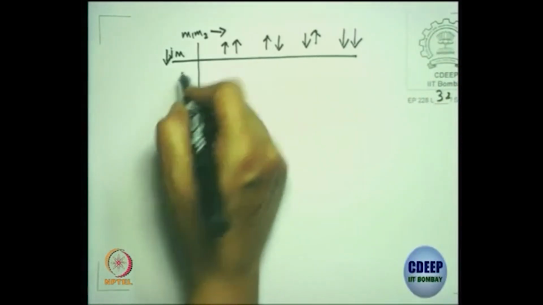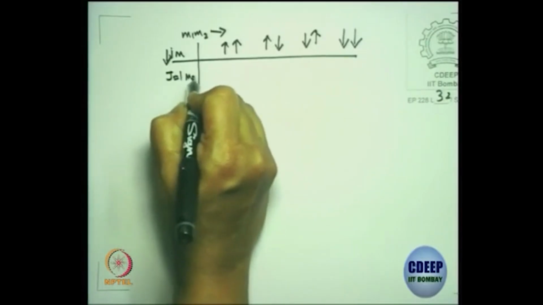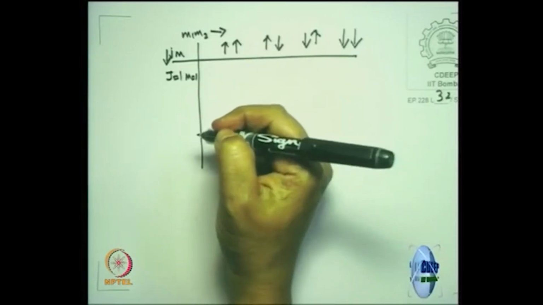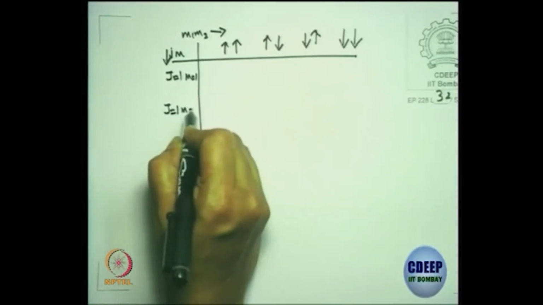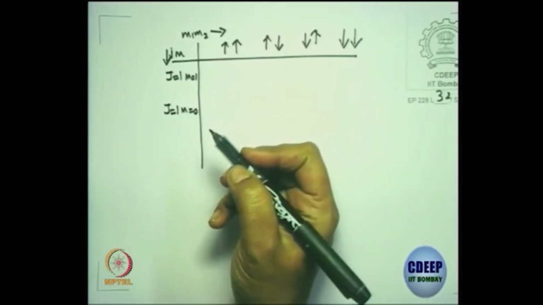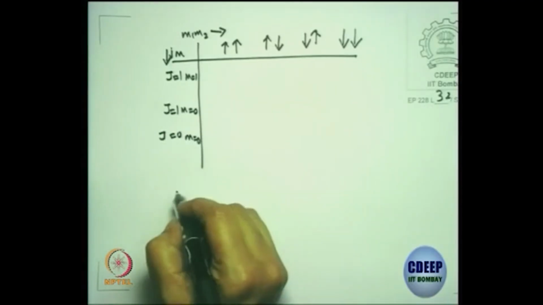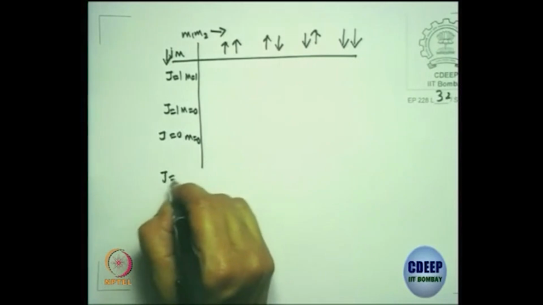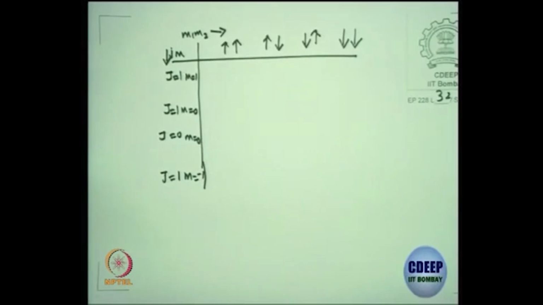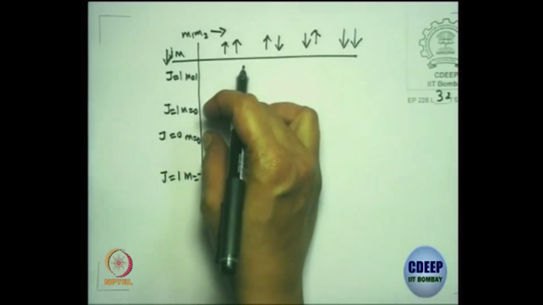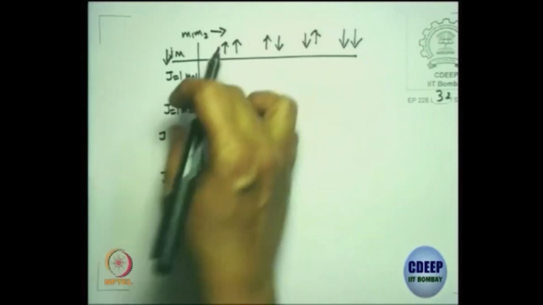So let's write the states: j equal to 1, m equal to 1; j equal to 1, m equal to 0; j equal to 0, m equal to 0. I'll tell you why I am doing this. j equal to 1, m equal to minus 1. Both the m equal to 0 can happen for both j equal to 1 and j equal to 0. I'm just putting it together.